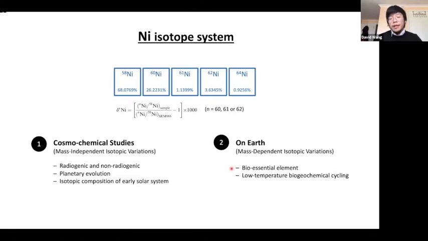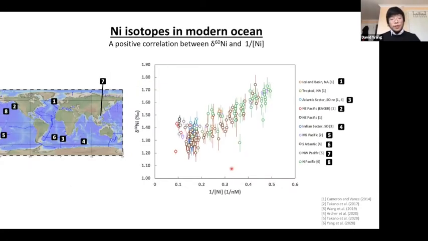In the recent decade, people started to put effort into mass-dependent fractionation, due to its low-temperature biogeochemical cycling and the bioessential characteristics of nickel. If you look at nickel isotopes for seawater versus concentration, we can see a positive correlation between these two, and some people suggest that biological uptake at the surface ocean might be a plausible explanation for that.